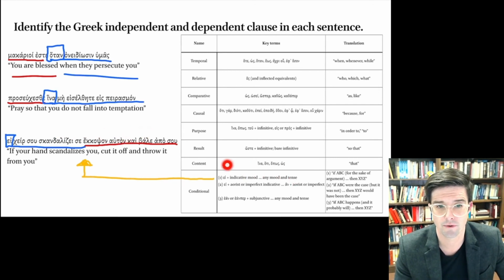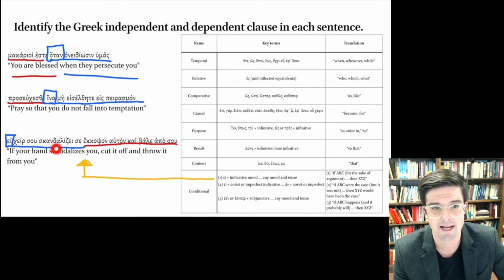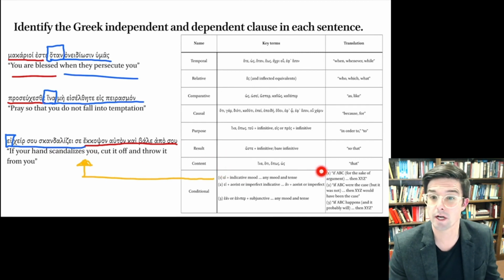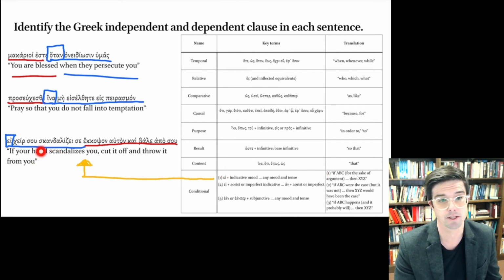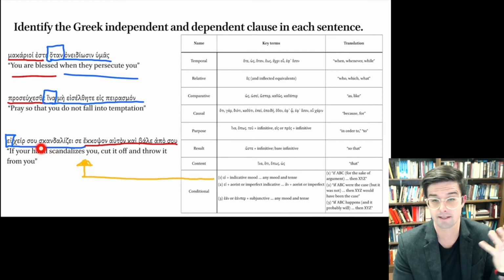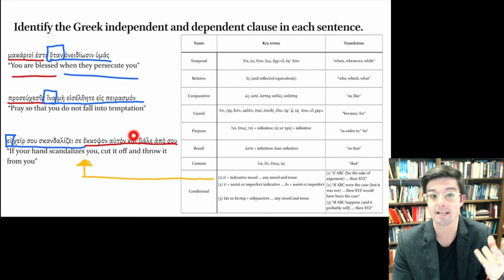So any mood or tense. So it doesn't really matter what our mood and tense is here, but the fact that we have ei plus the indicative here tells us we have a first class conditional, which assumes for the sake of argument. So it may or may not be the case that your hand scandalizes you. But if it does, this is what you should do. Cut it off and throw it away.